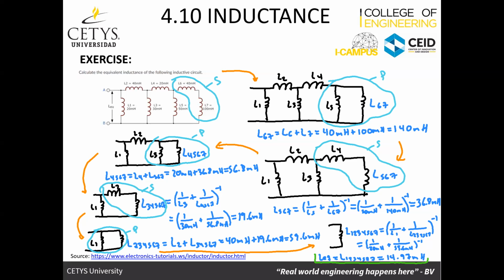But in the last one, the L1 and the L2, 3, and so on, it's parallel and then what? The parallel goes here, and this is the last. So the solution to this is the final solution.